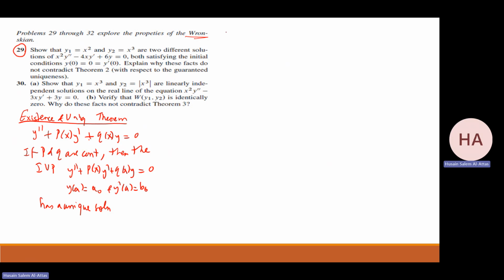First, for 29, I need to check that y1 is a solution of this equation. I can check y1 prime and y1 double prime.